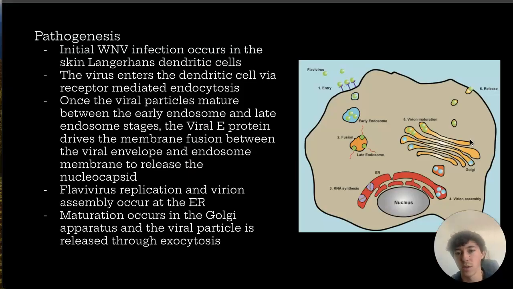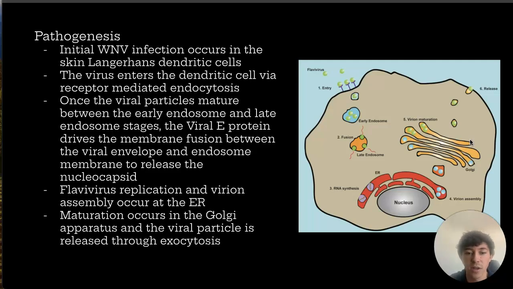Pathogenesis, a lot of words. If you focus on the diagram right here, you've got the flavivirus entering the skin Langerhans dendritic cells via receptor-mediated endocytosis. And then once they enter into the endosome, that's where the primary maturation happens, and the viral E protein drives the membrane fusion between the viral envelope and endosome membrane, and the nucleocapsid is released.